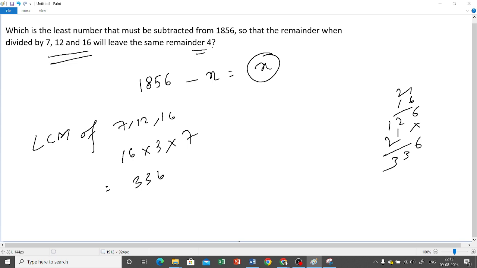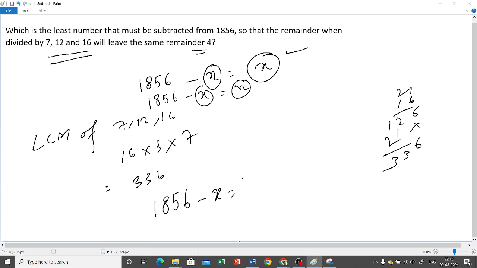Now it is given. I need to minimize this thing. What is the least number that should be subtracted? This can be written as 1856 minus x equals n. n needs to be minimized. This will be minimized when x is maximized, because 1856 is constant.